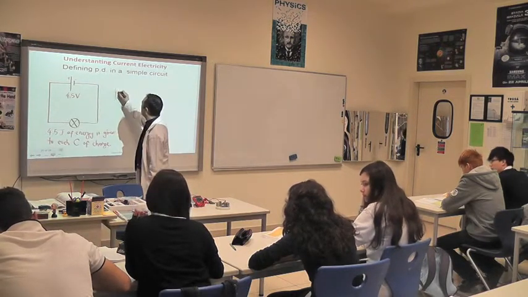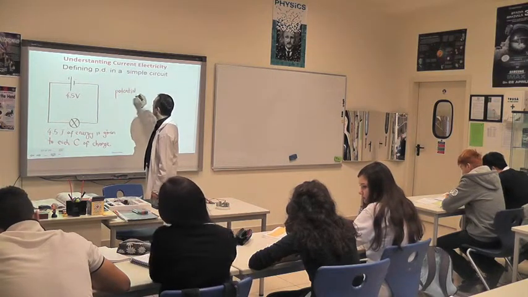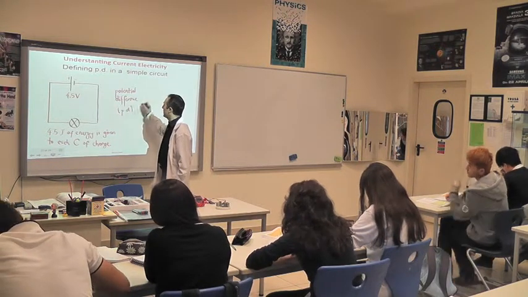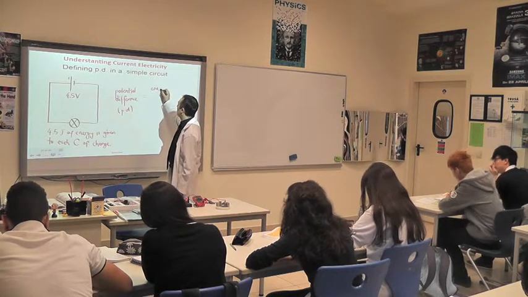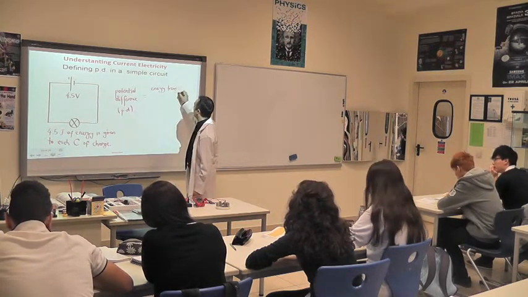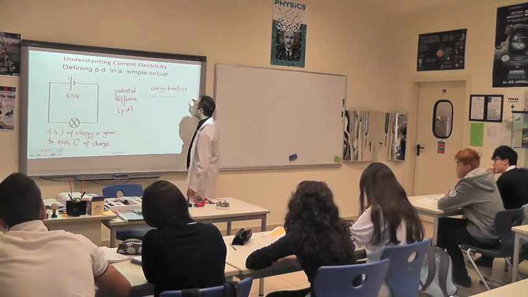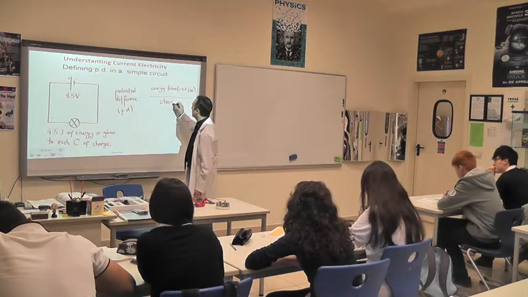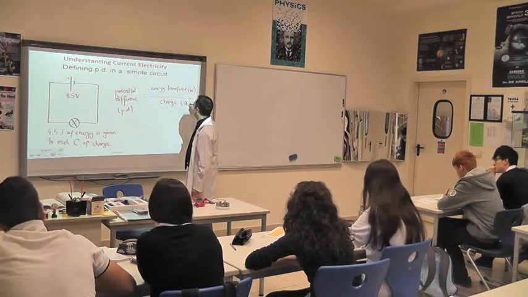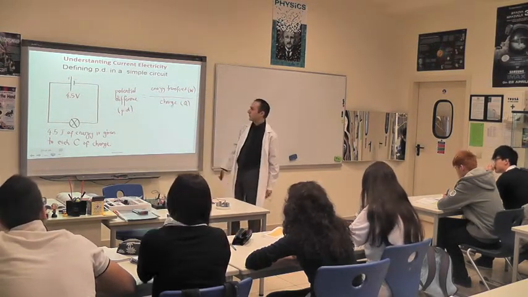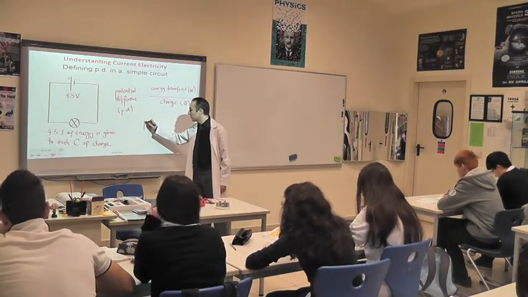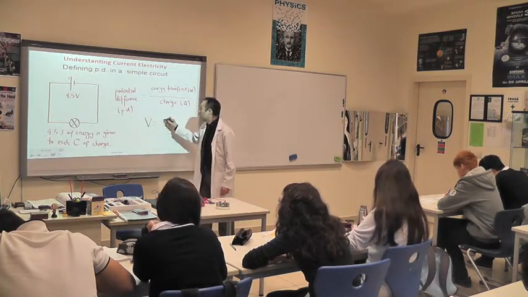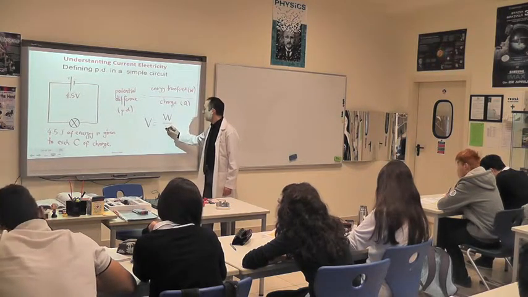So potential difference, represented with PD, is equal to energy transferred, represented with W, divided by charge Q. In symbols, voltage equals energy over charge.